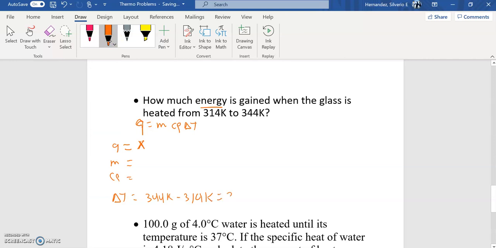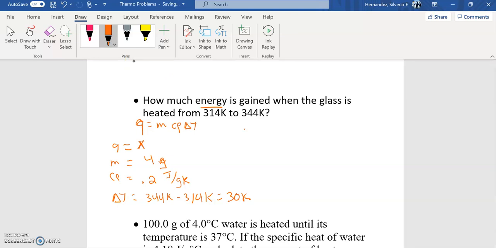That's going to give me 30 Kelvin temperature difference, and we just solved for the specific heat in the problem above, which was 0.2 joules per gram Kelvin, and then the sample of glass is still the same mass.